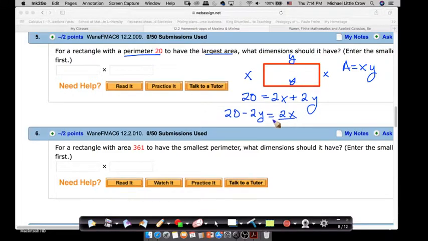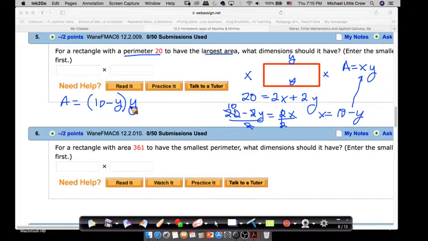Divide both sides by 2, and you're going to see x equals 10 minus y. Plug that in for x. So your new area formula is going to be 10 minus y times y. Distribute it, take its derivative, set it equal to 0, and you'll get the y value that gives you the maximum.